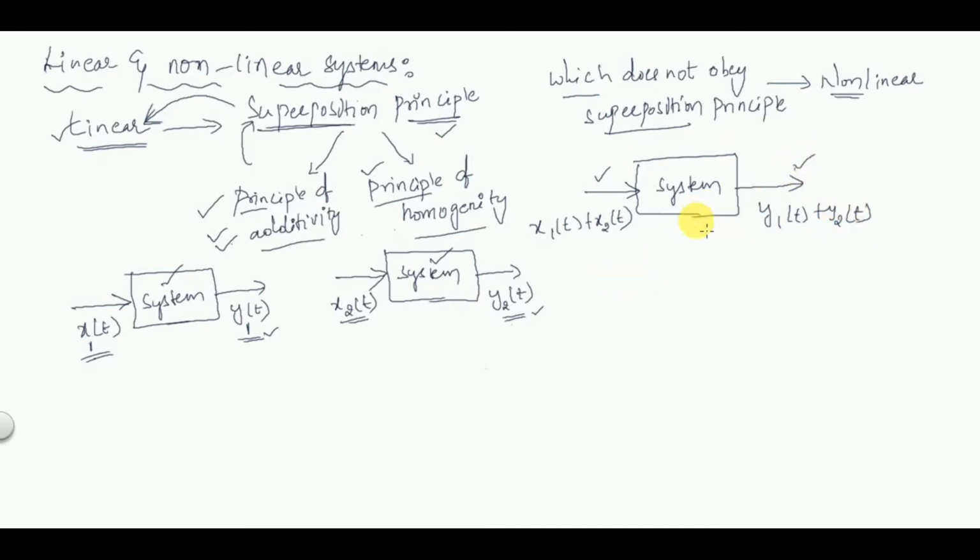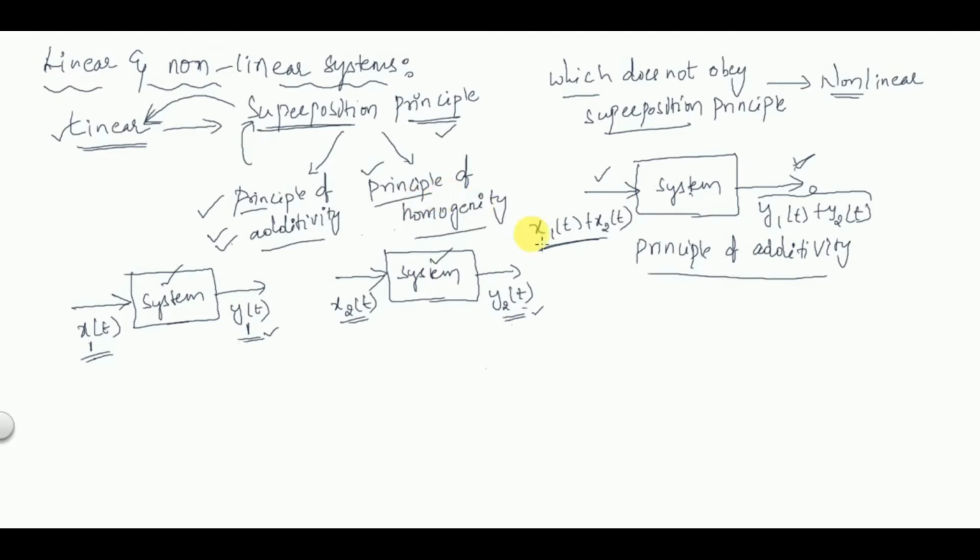Individually you get the individual outputs, but if you add those inputs and give them as a single input, the output should be the sum of the two outputs, y1 of t and y2 of t. This is called the principle of additivity.